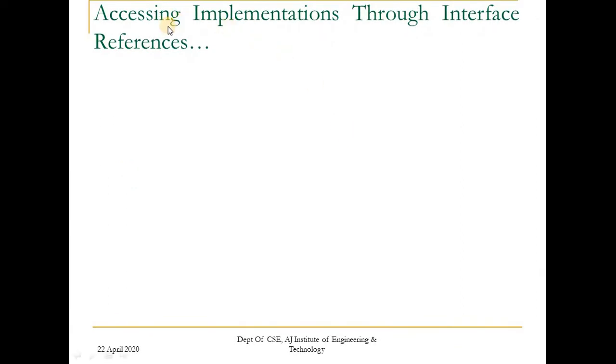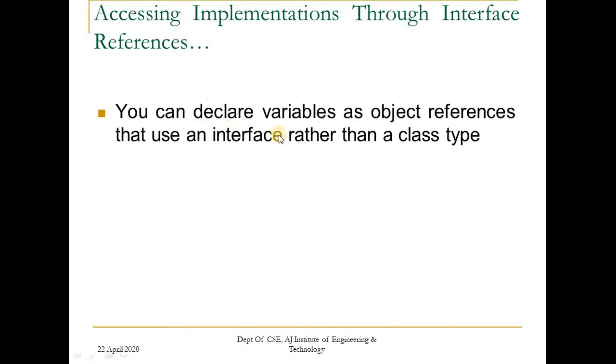Now, next topic, accessing implementations through interface references. You can declare variables as object references that use an interface rather than a class type. This statement, you will better understand when I give an example.